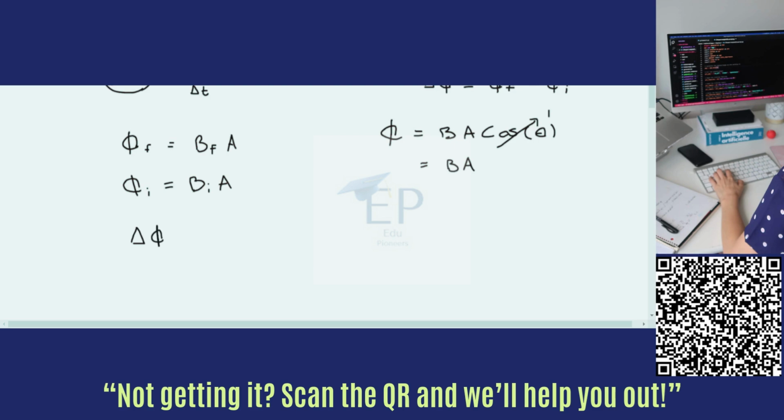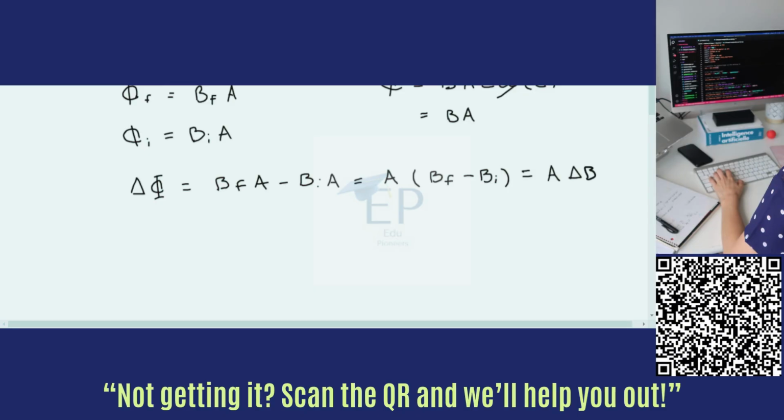This means our change in flux is B final times A minus B initial times A, or if we factor out an A, we'll have A times B final minus B initial, and B final minus B initial is just delta B. So if we plug that back into Faraday's law, we'll have that the induced EMF is equal to minus the change in flux over the change in time, which is minus A times delta B over delta T.